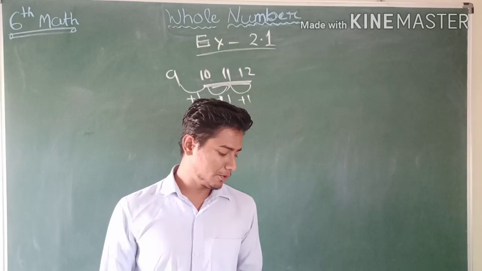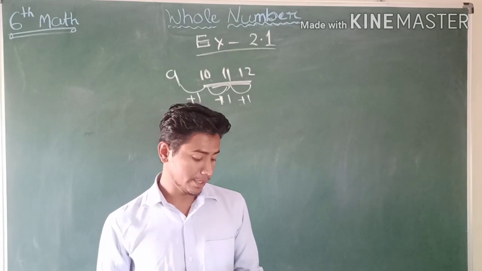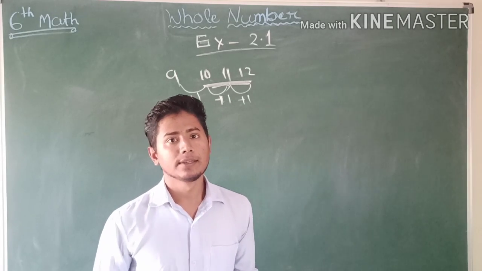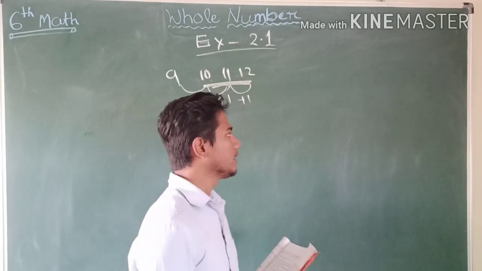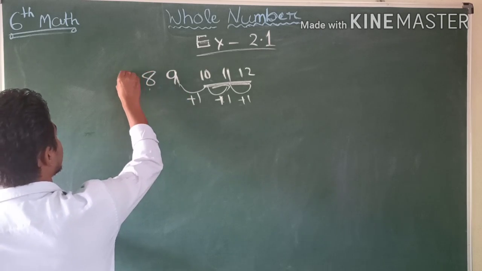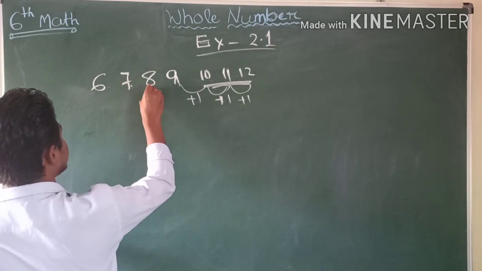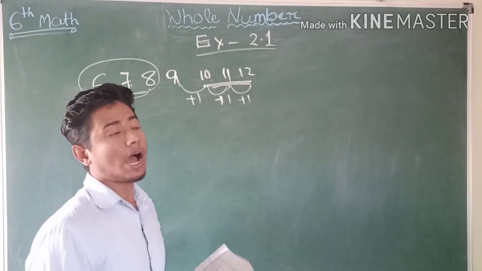Then go to question number 2. Write the three whole numbers occurring just before 10,001. Just before. Before means, take the same example of 9. The number before is 8, then before that is 7, then 6. So these three are called just before 9. How can you find this?